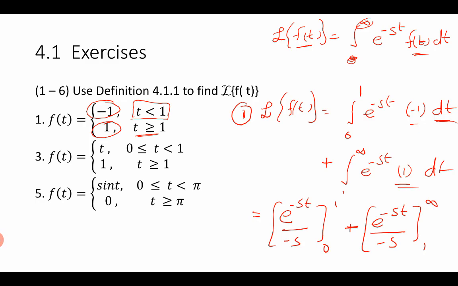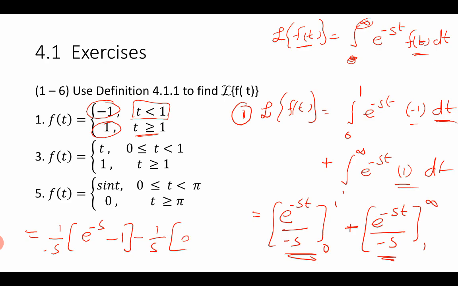What's the next step? This term will give you, with 1 over negative s common, apply the upper limit for t: e raised to minus s, lower limit t is 0, e power 0 is 1, minus 1. And here again 1 over s is the second common term.